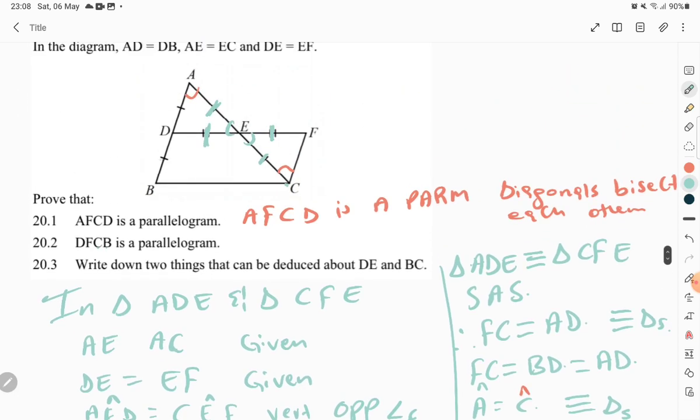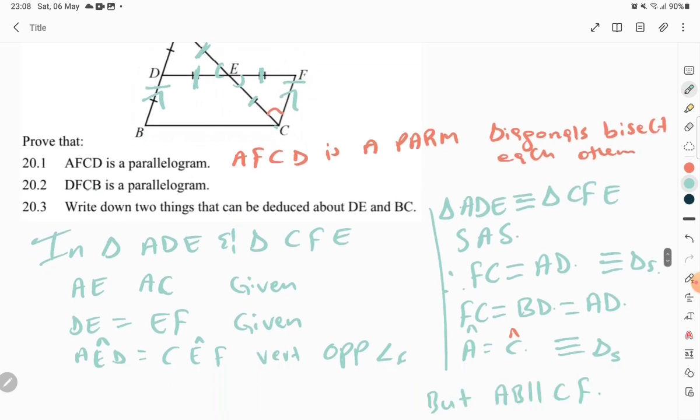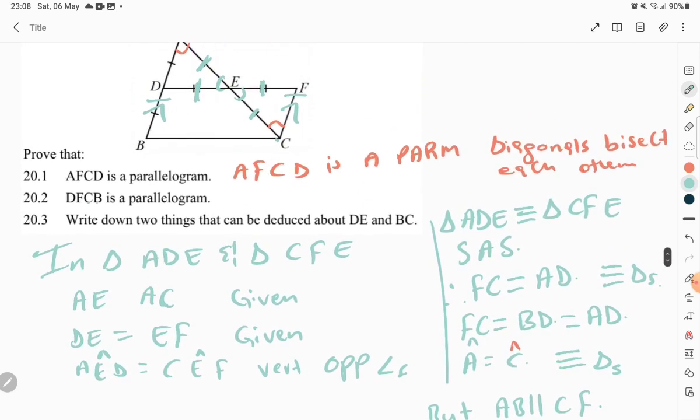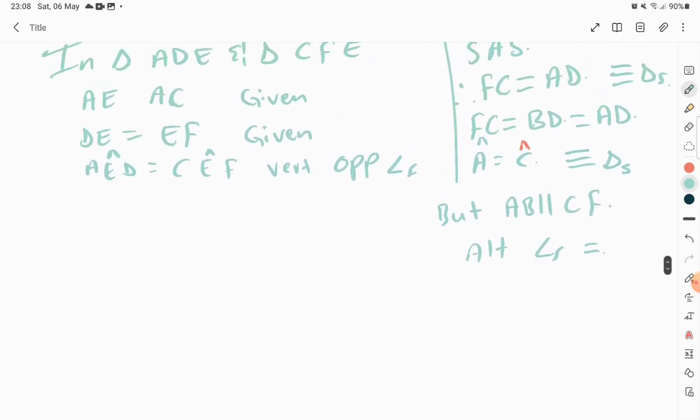So if this line now is parallel to that, and we've already proven that this is equal to that, then therefore DFCB is a parallelogram. So therefore DFCB is a parallelogram. So this is a parallelogram.